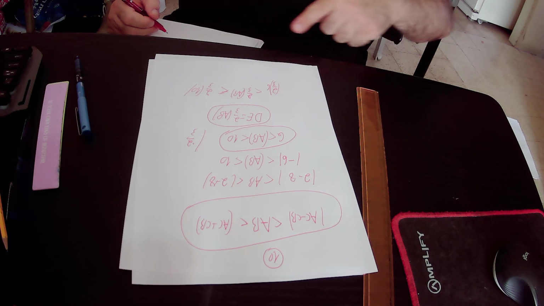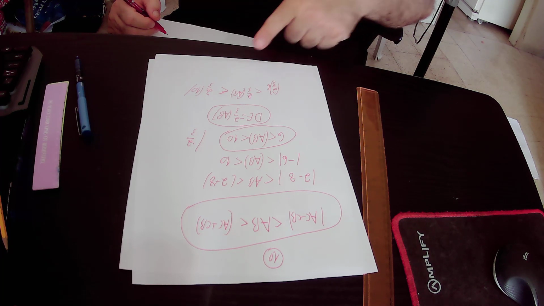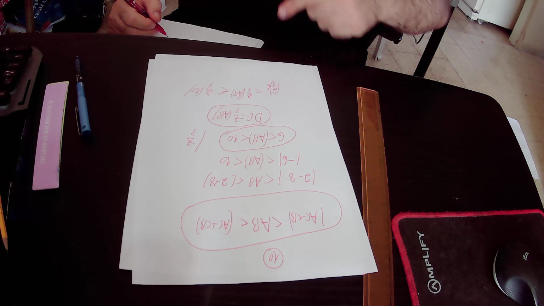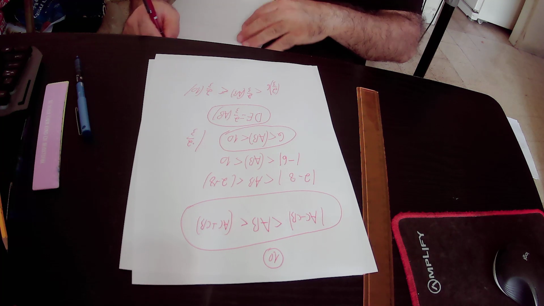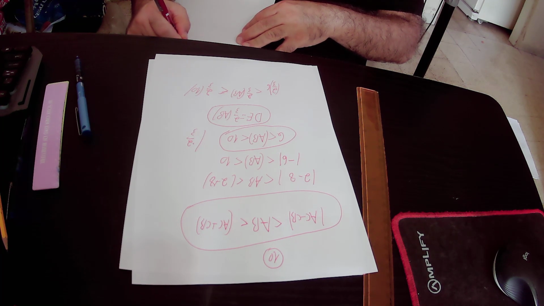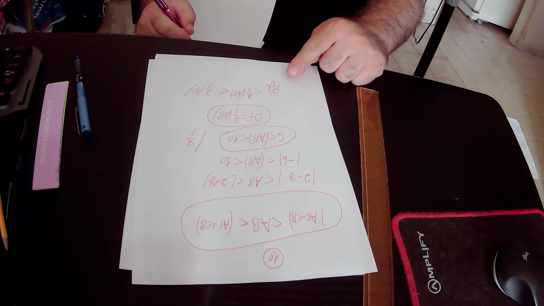But we know that 2/3 AB equals DE, so we can substitute 2/3 AB by DE, and we will get that DE is bigger than 2 times 6 is 12, and 12 over 3 is 4.